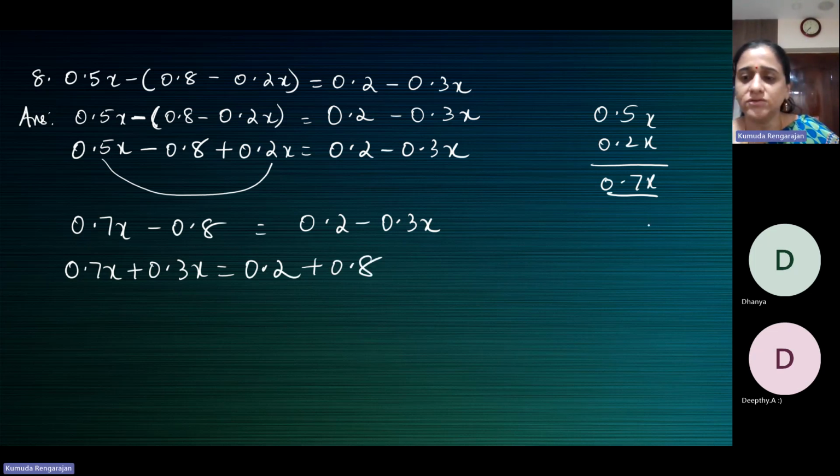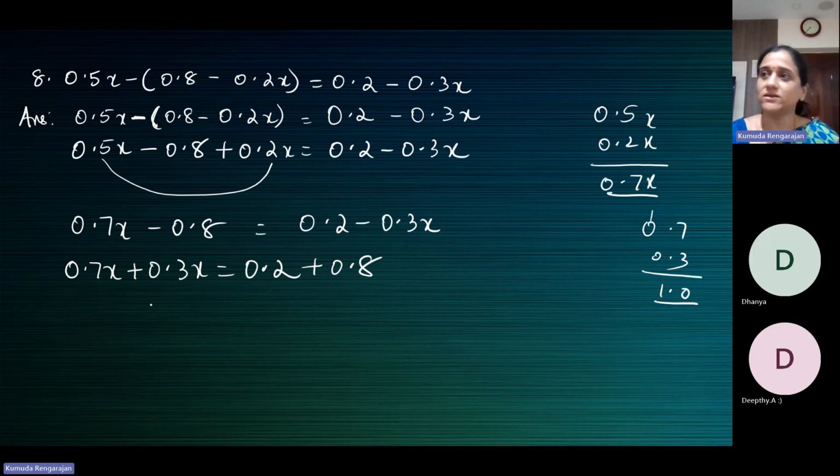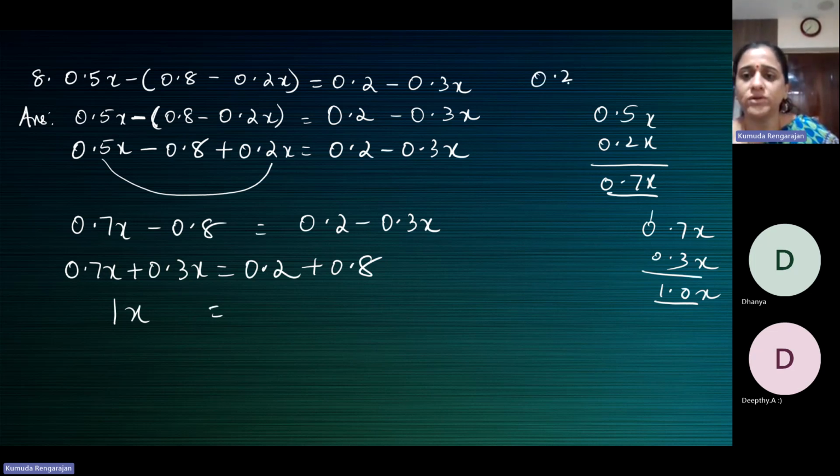Now, when you add 0.7 and 0.3, you get 1.0, which is 1x, or simply x, because 0.7x plus 0.3x. So it's 1.0x, 1x, or simply x is equal to 0.2 and 0.8, which gives 1.0, or just 1.